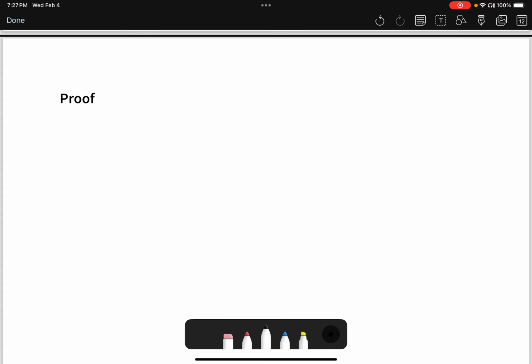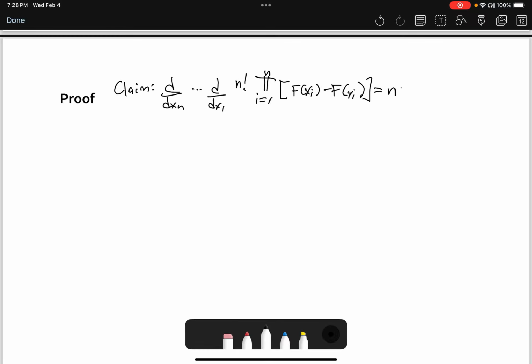So my claim is that we take the derivative with respect to all those x's of that n factorial times that product, that is going to equal n factorial times f of x1 through f of xn. So these are the marginal densities of the x's.